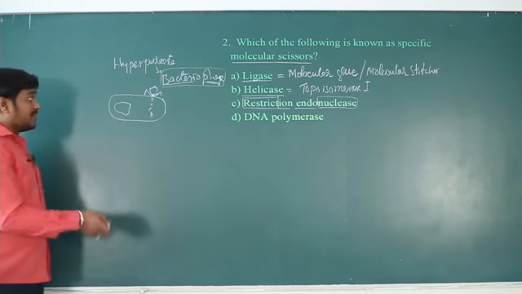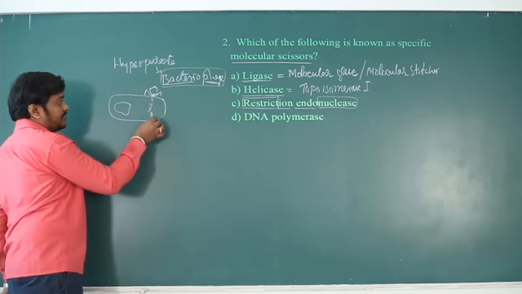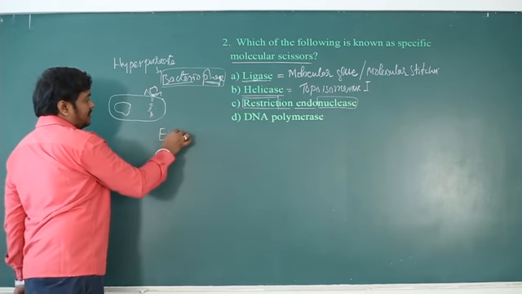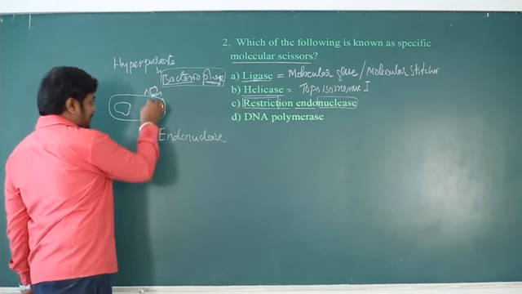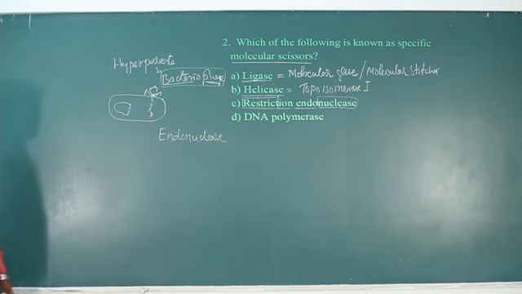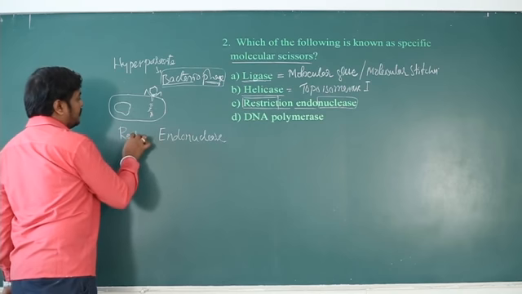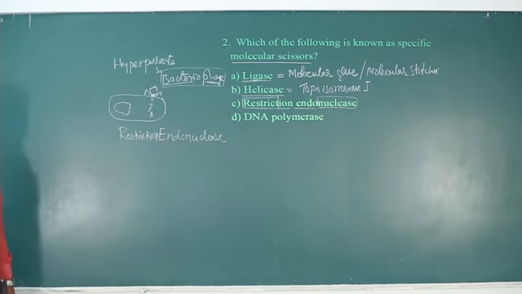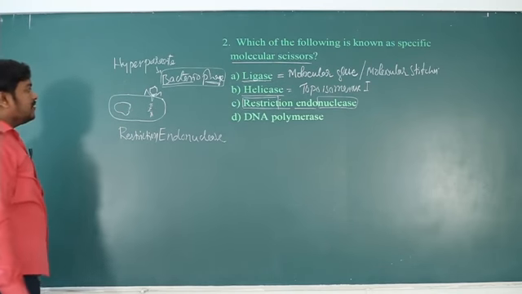Those enzymes which have the ability to cut the DNA into fragments are called endonuclease enzymes. Since they restrict the effect of bacteriophage DNA, they are called restriction endonucleases. This is a group of enzymes that have the ability to cut the DNA.